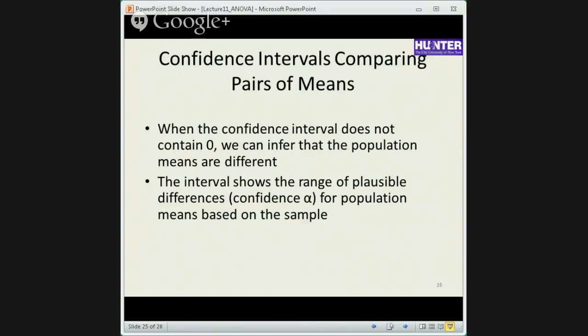Yes, question. You could, yeah. So the question is, can't you just do a t-test now between each of the means? You could do a t-test between each of the groups as long as you still corrected those p-values for multiple testing.